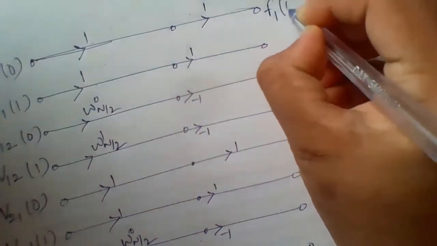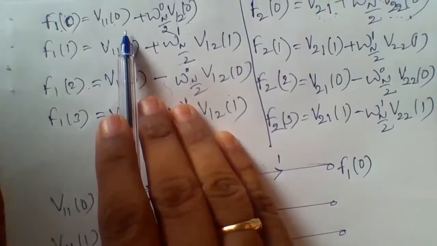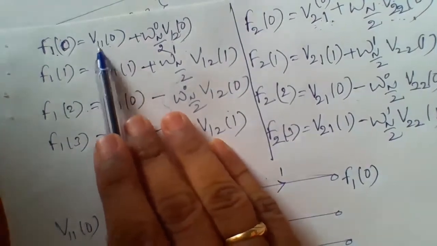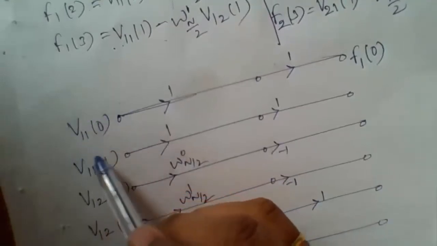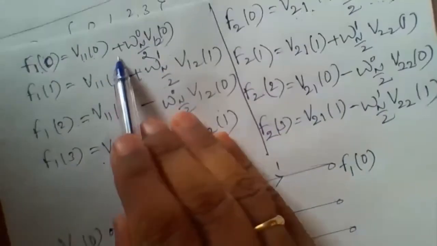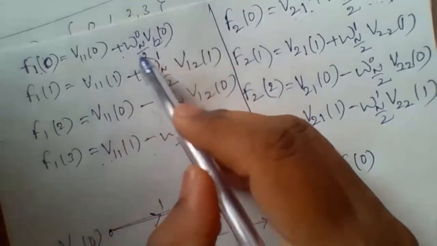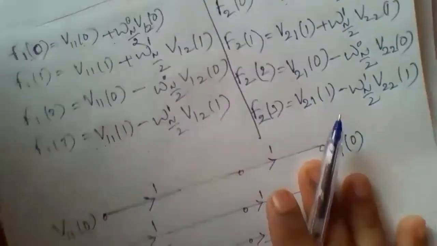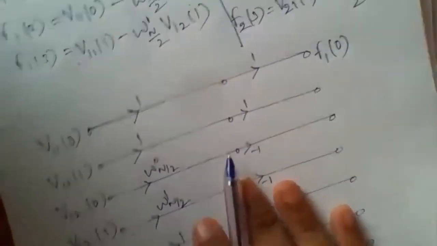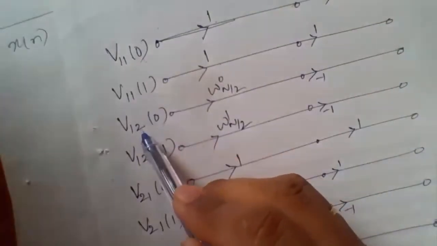So first one, we are going to write the f1 of 0. What is this f1 of 0 according to equation? So f1 of 0 is nothing but v11 of 0. That is, in the signal flow graph, I already have v11 of 0. This should be added with what? Product of w raised to 0 and v12 of 0. Okay. So therefore, where do I have this v12 of 0? So v12 of 0 is here.